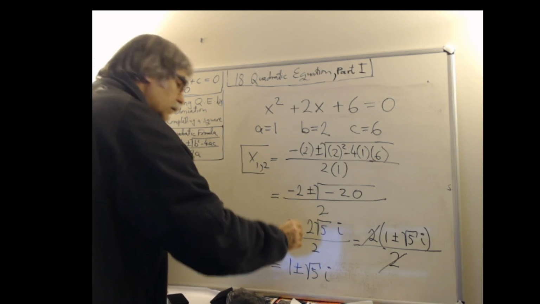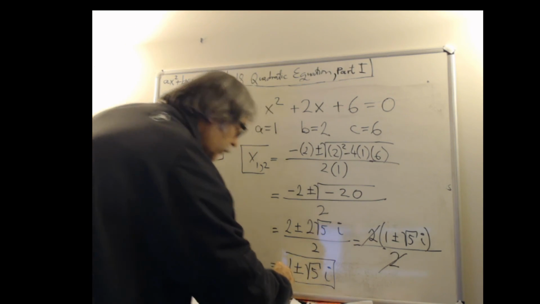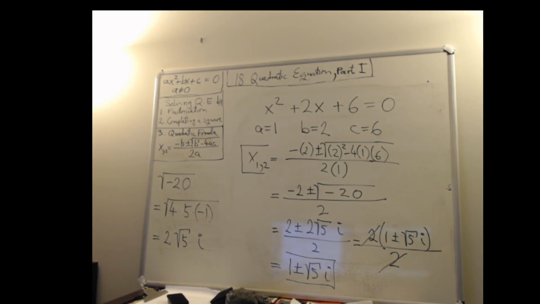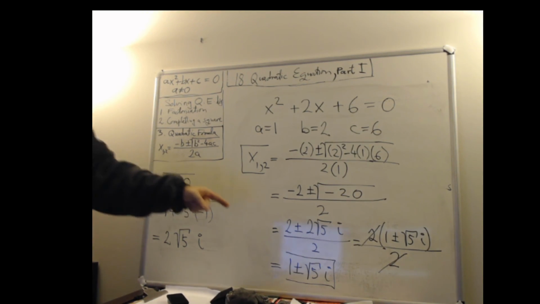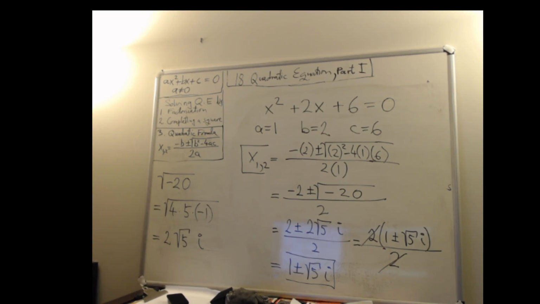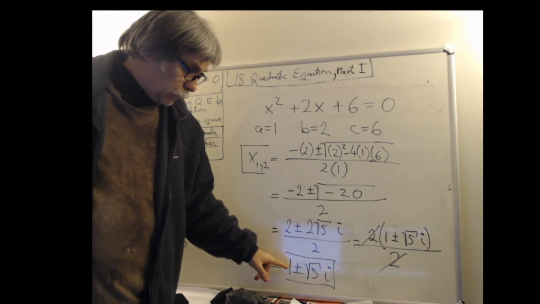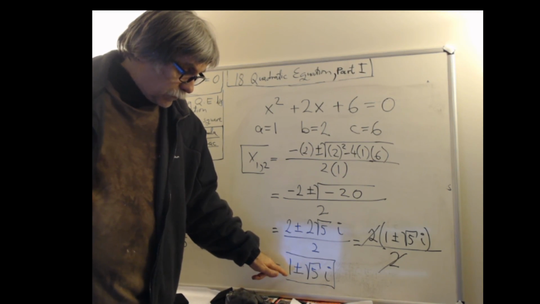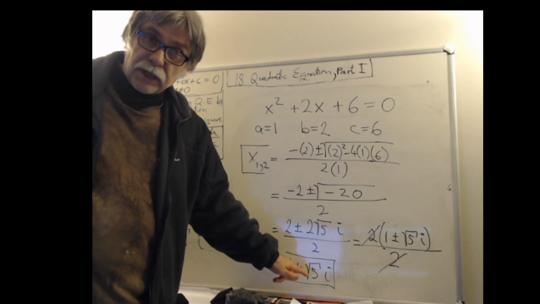These are the 2 solutions we were looking for, 1 for plus, 1 for minus. And it's not attractive, I know. The solution has 2 complex numbers. The first one is for plus: real part is 1, imaginary part is radical 5.